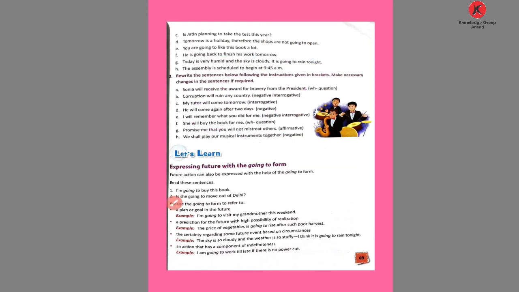Then H. The assembly is scheduled to begin at 9:45 a.m. Okay, in the H, what do we do? Here only the "to be" form is cancelled, and this "scheduled". The passive structure is given, so we write the assembly only. We cancel up to this.